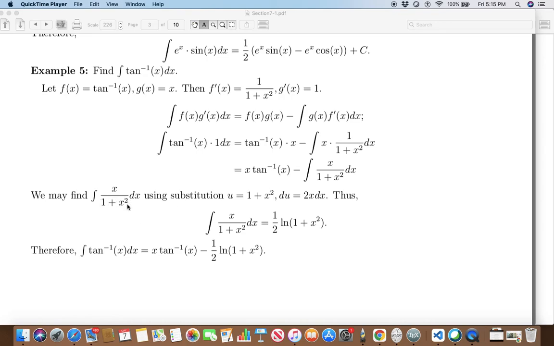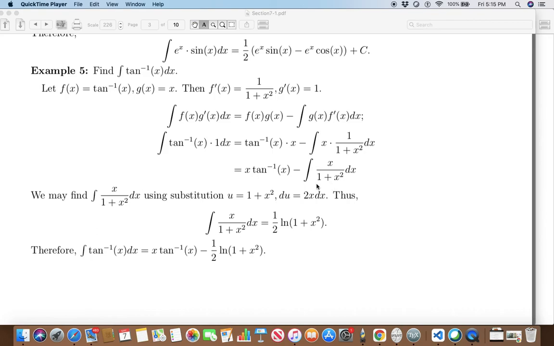Write the denominator to be u. u is 1 plus x squared. Then what is du? 2x dx. So that's fantastic. x dx, that's the numerator, is half of du. So this integral is nothing but half of integral 1 over u du, which is natural log.